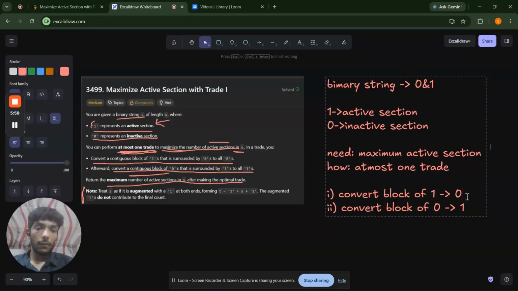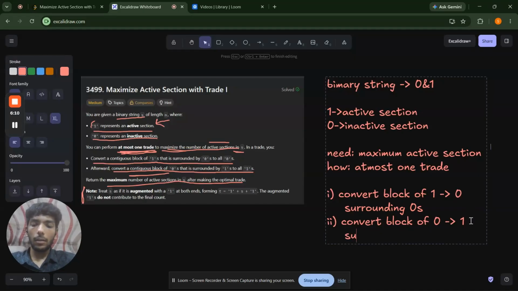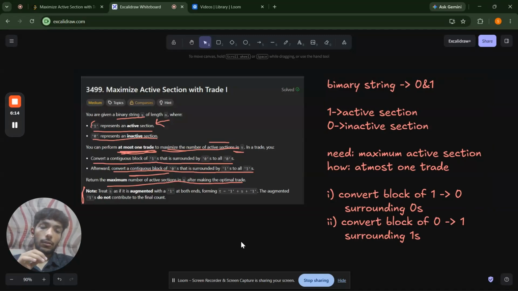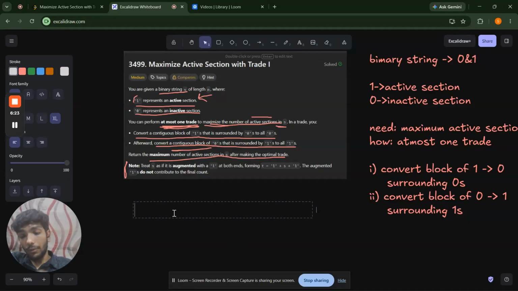But the main thing which restricts us is the condition of surrounding. In this case, surrounding zeros, and in this case, surrounding ones. Okay, so let's first take an example so that we can get a clear idea of what the question is about, and how we should move with it.